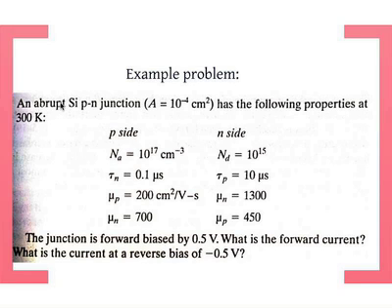Yes, remember the intrinsic carrier concentration is the concentration of the carriers when there is no doping. So if you just take a natural piece of silicon, with no impurities in it, the number of holes should be equal to the number of electrons because it's a neutral material and there are no impurities. It's a perfect silicon material. That concentration is a property of the material and also a property of temperature.